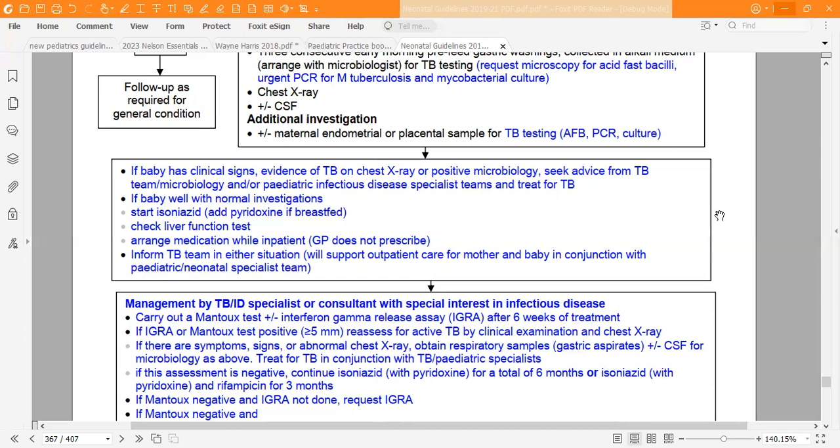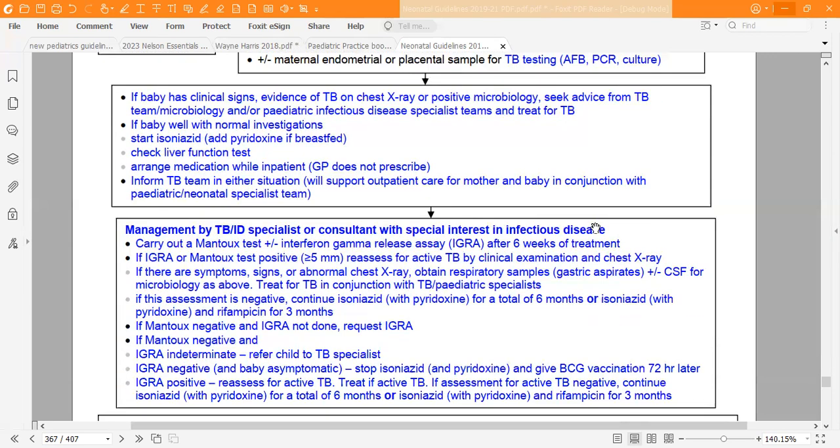So if the baby is doing well and his investigations are all normal, we'll start the isoniazid, add pyridoxine if he is only breastfed, check the liver function test, and arrange medications while he is inpatient and admitted. And of course, we will inform the TB team.